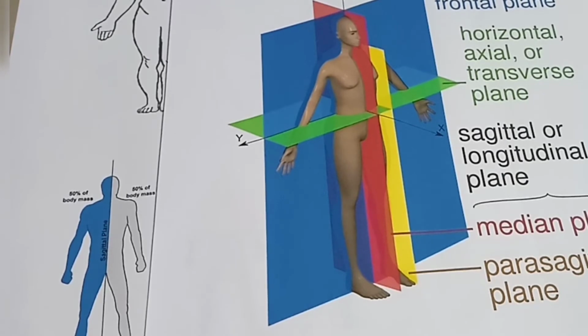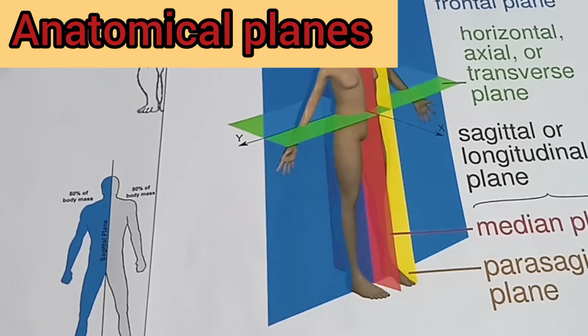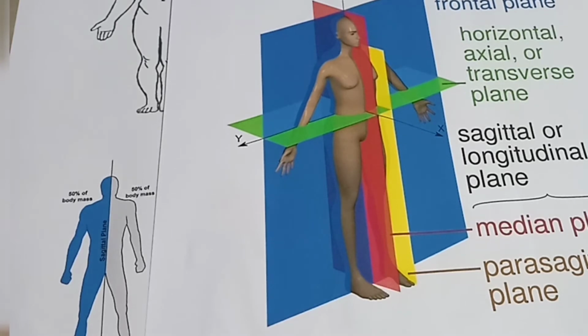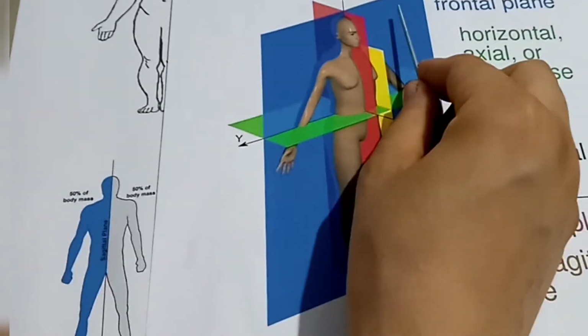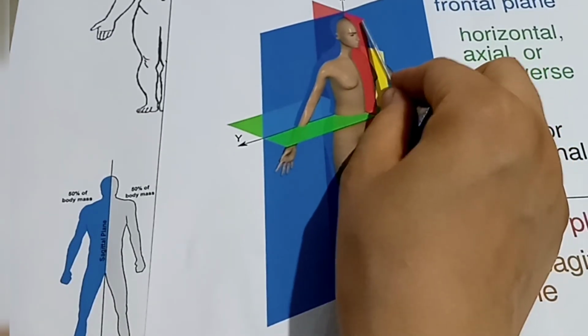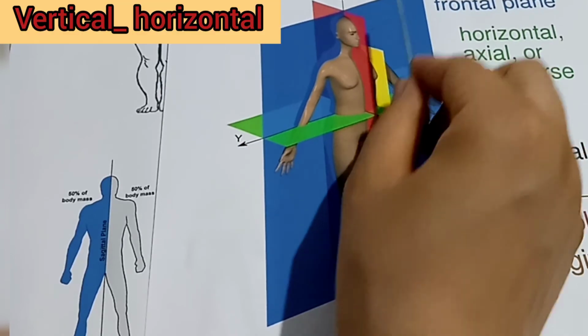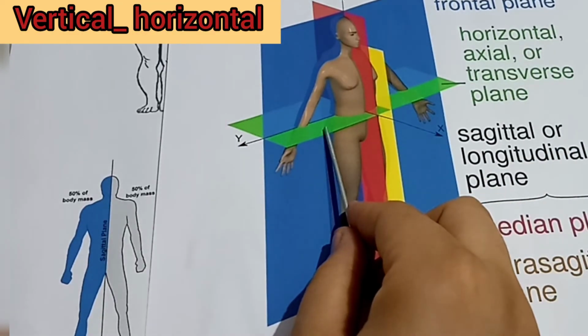Finally, what about the anatomical planes? To describe the anatomy of the structures which lie deep inside the human body, you have to take planes, anatomical planes. These anatomical planes are of two types: vertical, like the plane in the red color and the plane in the blue color, or horizontal, like the green one.